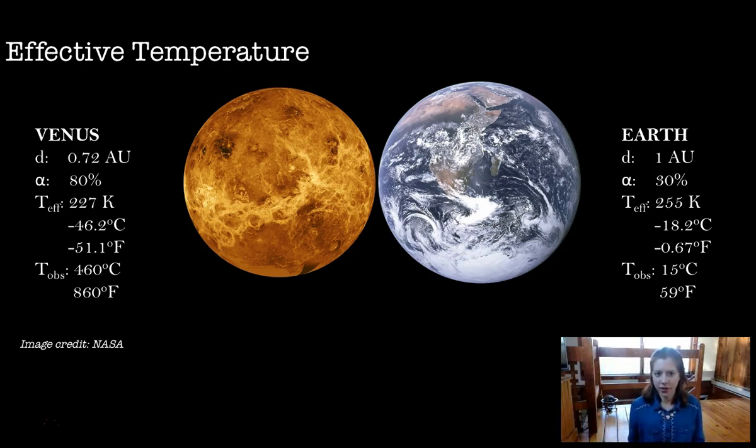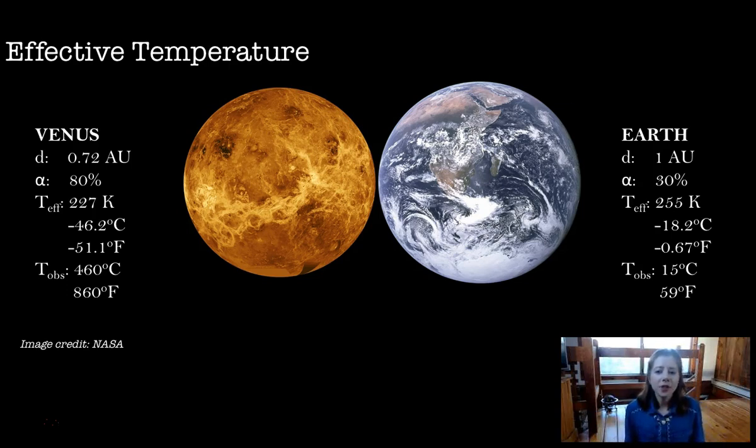So closer than Earth is. However, because of different features of its surface, of its atmosphere, it has a reflectivity of about 80%. And that is called the albedo, the proportion of solar radiation that is reflected off materials. Usually we're dealing with a planet here.